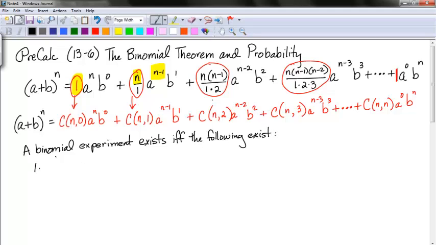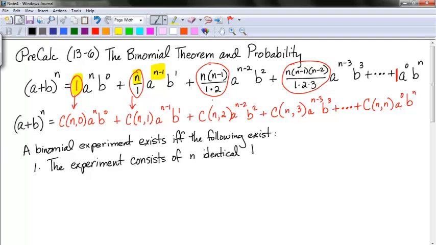Okay, number 1, the experiment, and they call it an experiment, it can be just an event. The experiment consists of n identical trials.